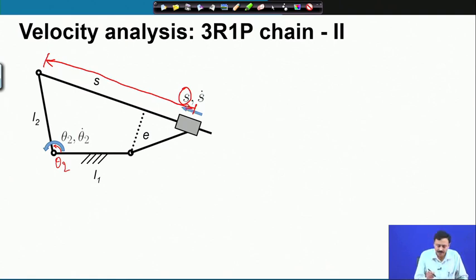This is the expansion of the prismatic actuator. So, here we have the prismatic actuator, and S is the length of expansion of the prismatic actuator.